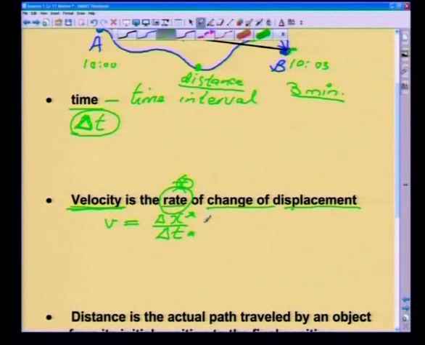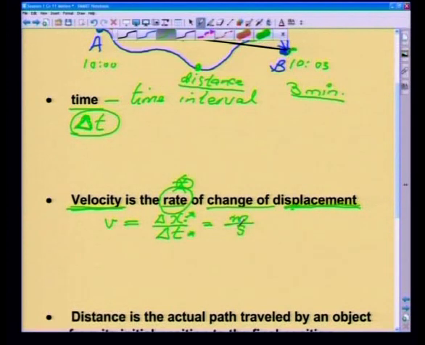I want to move further and talk to you about the units of velocity. Remember that displacement, which we use delta x to represent, is measured in meters. So we have meters here to measure displacement. The time is measured in seconds.